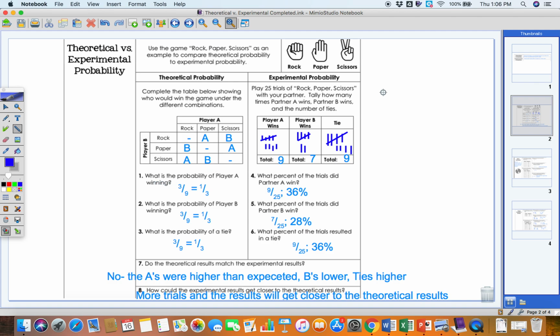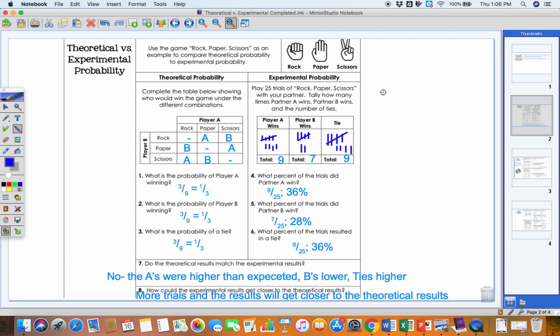When we look at the experimental probability, I played rock, paper, scissors with a partner 25 times. And these were our recordings. So I would be happy to tell you that I was player A, which makes me feel better. I won 9 times, player B won 7 times, and we tied 9 times.